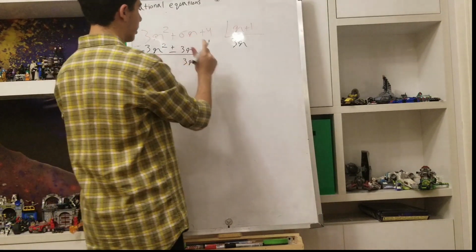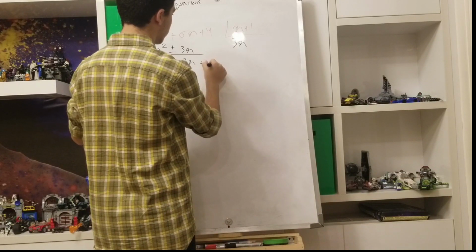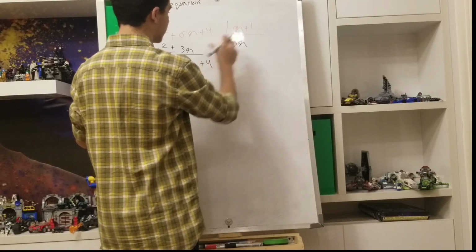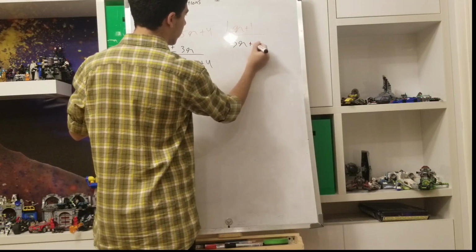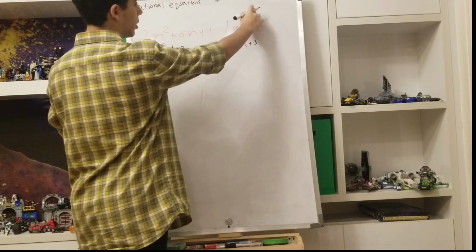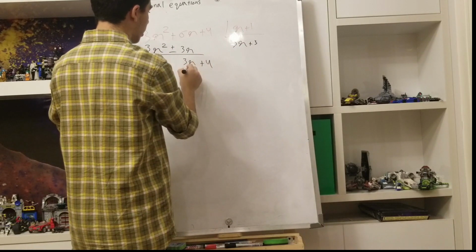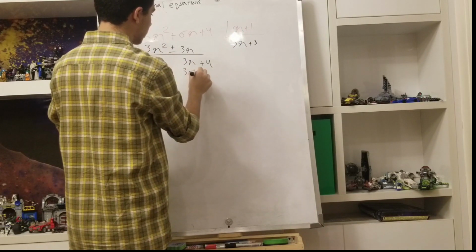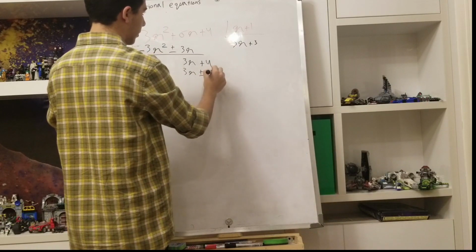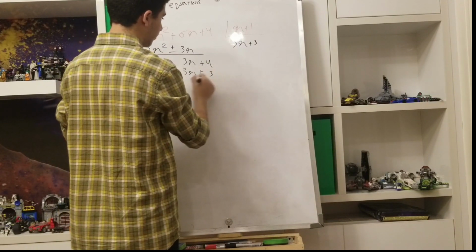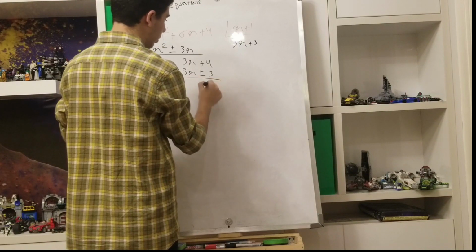Now, 3x plus 4. What does 3x have that x doesn't? So you have to add 3 here. So in this case, this will be 3x plus 3. Sorry, 3. Which at the end we'll only have 1.